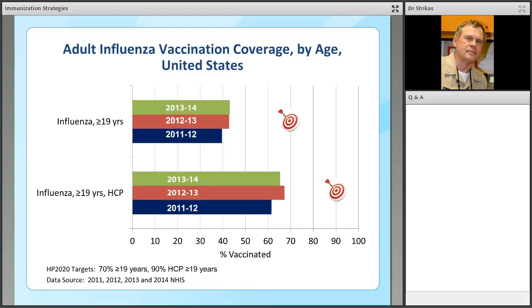Influenza vaccination among healthcare personnel, abbreviated HCP here, those aged 19 and older, was 61.5% in 2011-12, 67% in 2012-13, and 65.4% in 2013-14. Coverage did not increase significantly from 2011-12 to 2013-14, and coverage during all seasons was well below the Healthy People 2020 target you see there at 90%.